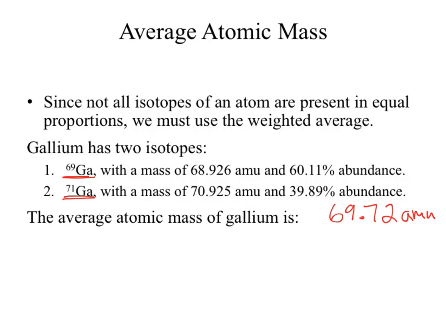Okay, gallium-69 contributes a mass of 68.926 AMUs. And what was the other one? 71 contributes 70.925.